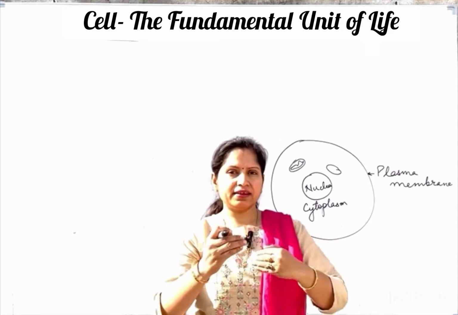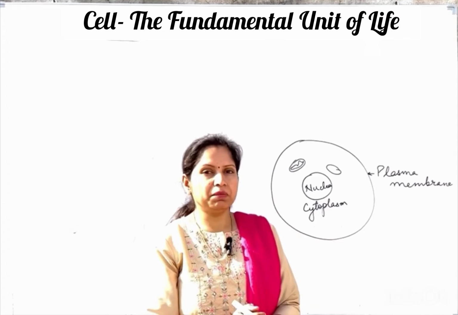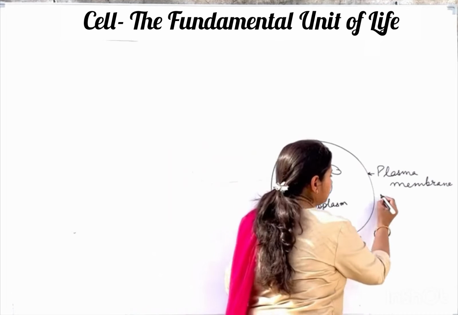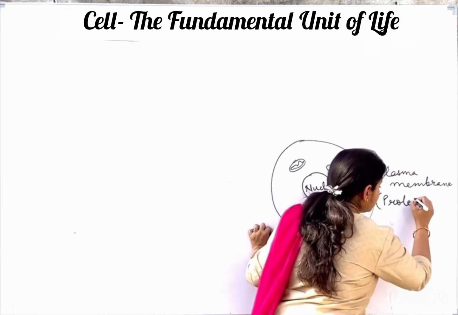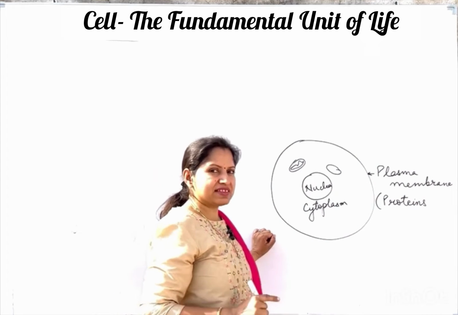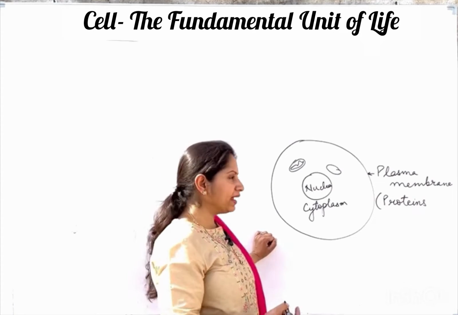So, anything that will be coming inside the cell or exiting from the cell will be passing through the plasma membrane. This plasma membrane is made up of proteins and lipids. This is very important. Remember that it's made up of proteins and lipids. Later on, I'll tell you where we are getting these proteins and lipids.